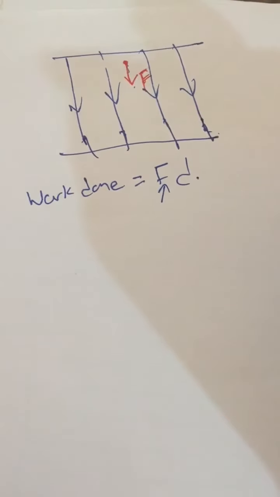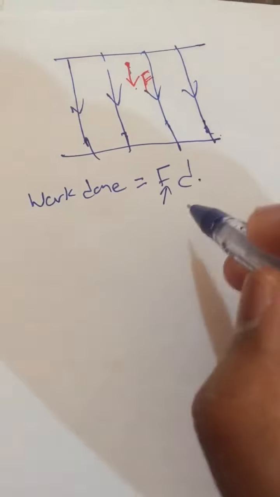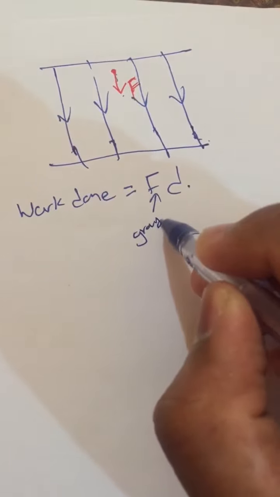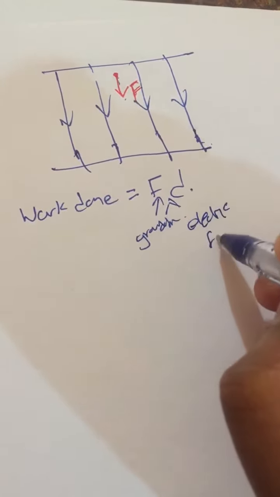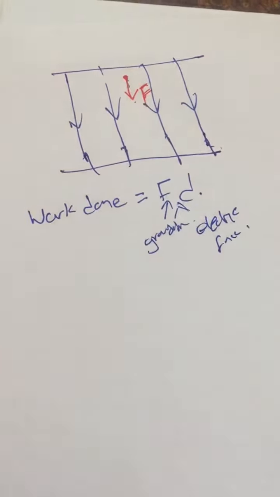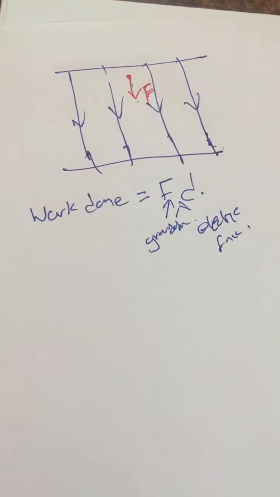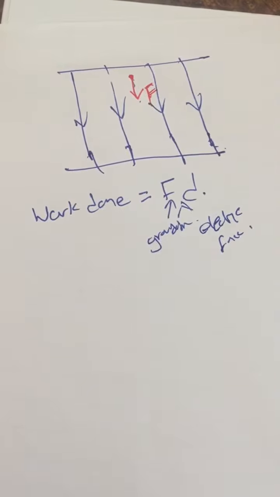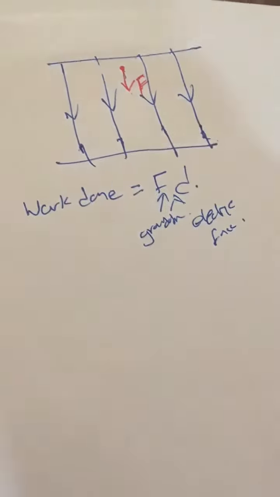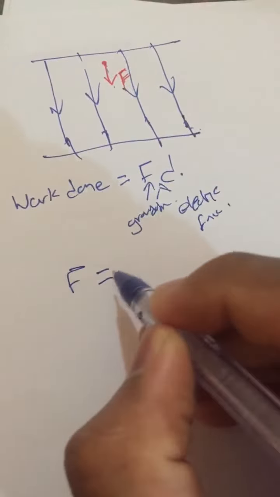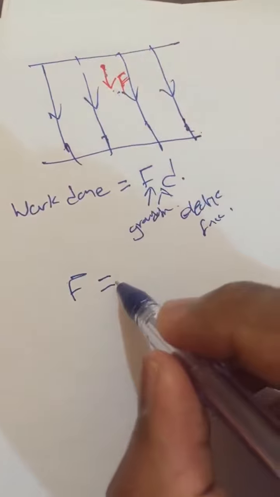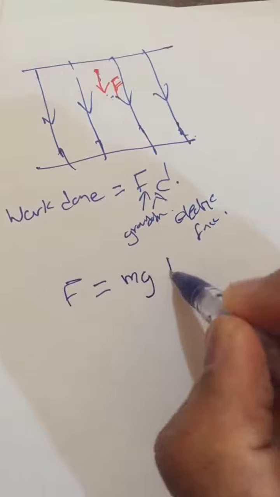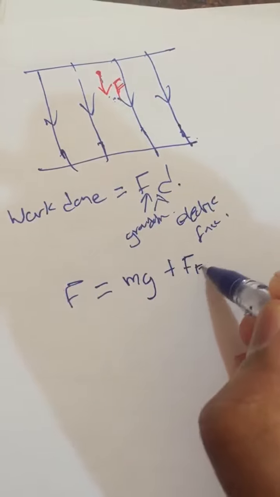One is the gravitational force, and the other is the electric force. If the motion is happening vertically downward, then one is the gravitational force and the other is the electric force. So F, the resultant force F, is not electric force alone, this is the resultant force of both the mg and the electric force.